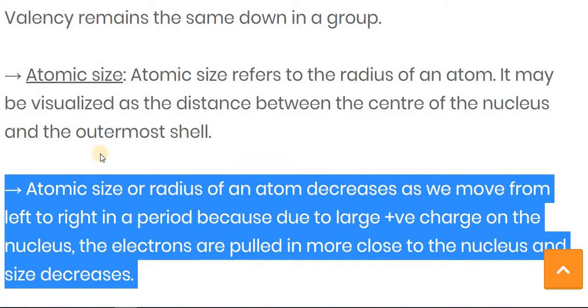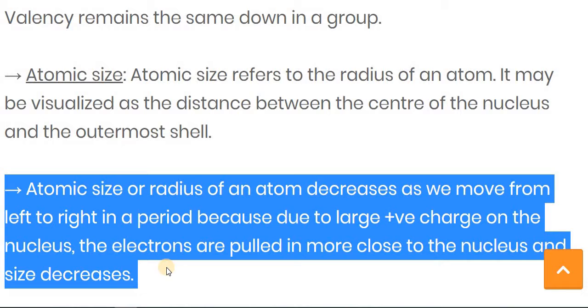So the atomic size, or radius of an atom, decreases as we move from left to right in a period, because due to the large positive charge on the nucleus, the electrons are pulled in more close to the nucleus, and due to that the atomic size of the element decreases. And in the period there is no increment of shells.